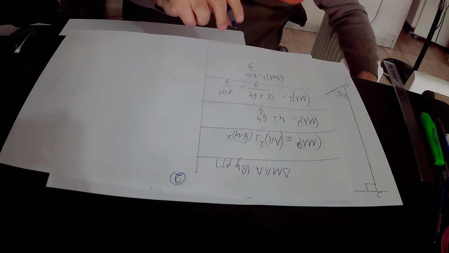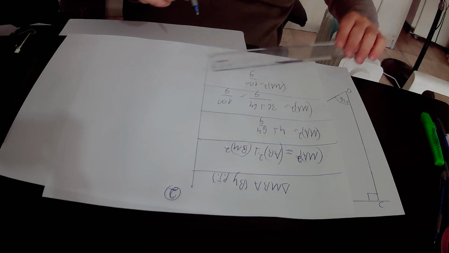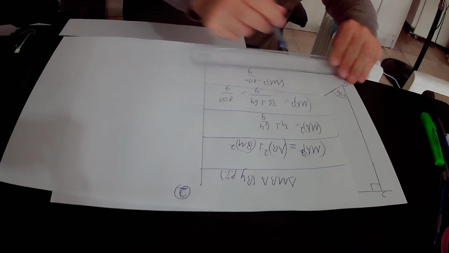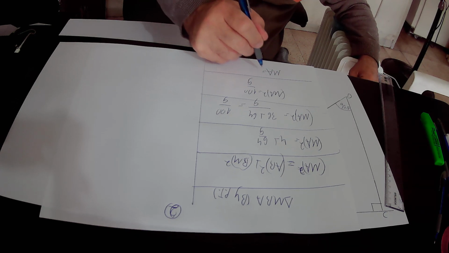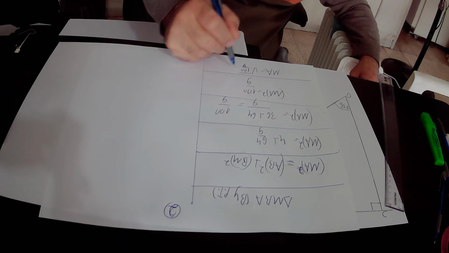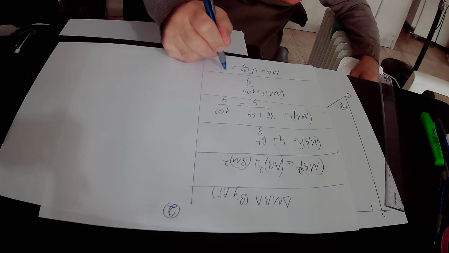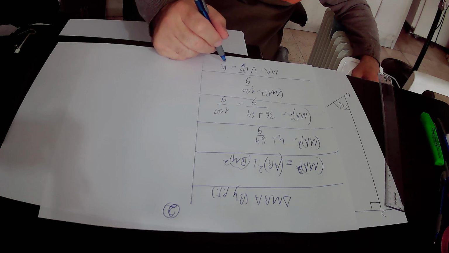Here we take the root of this equation. And finally, we get that MA equals the square root of 100 over 9. The square root of 100 is 10, and the square root of 9 is 3.